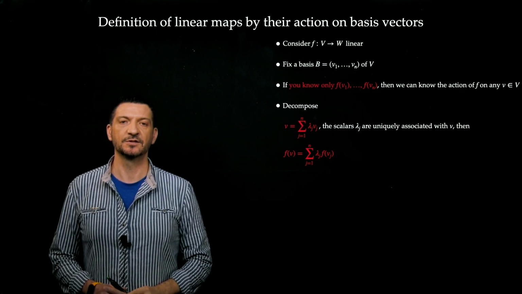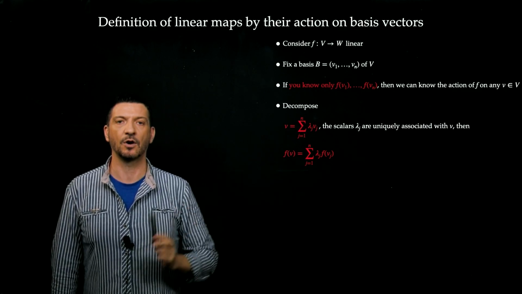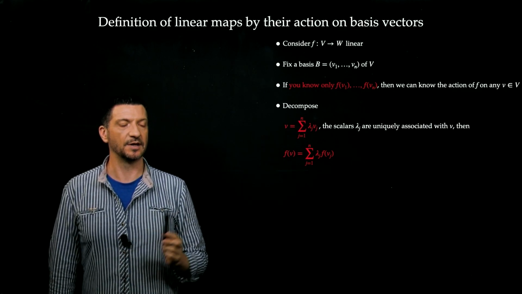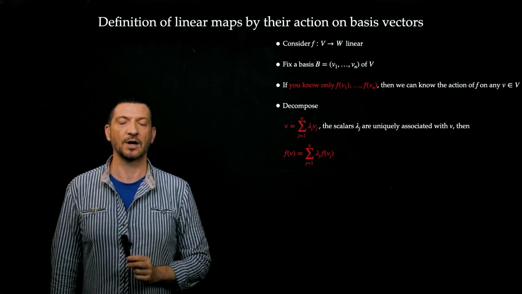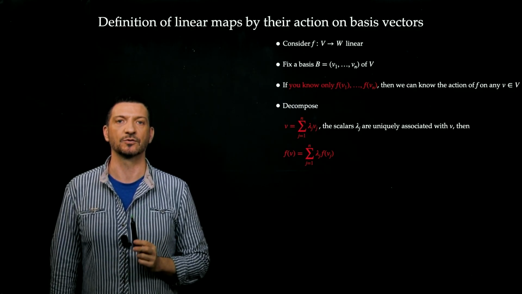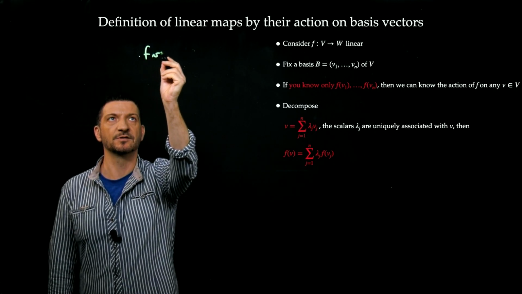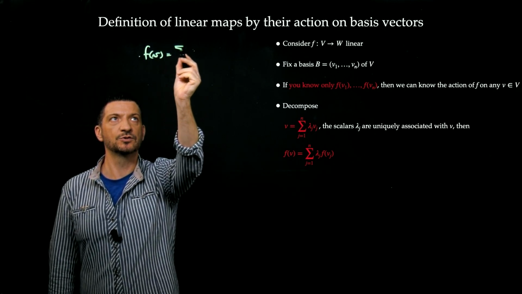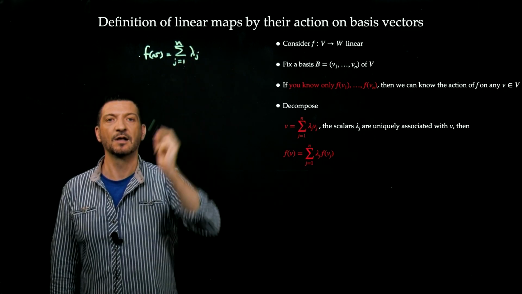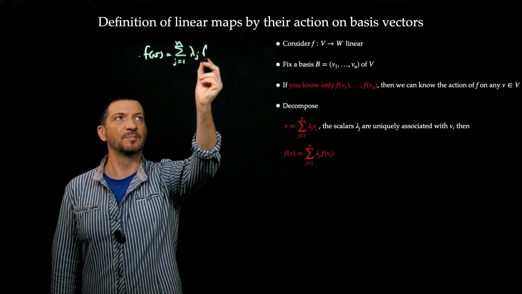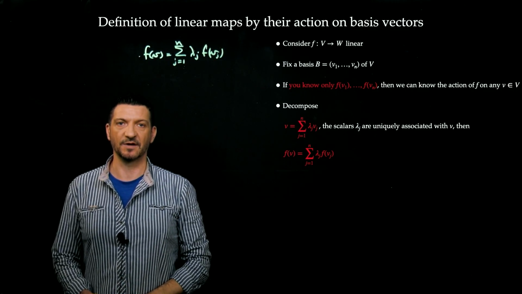For that, the first thing that we have to do is to take any vector v and decompose it on the basis vectors. We know that the coefficients lambda j that will appear in this decomposition are uniquely associated with the vector v. Then, in order to know how f acts on v, we just need to use those coefficients that we have previously determined, lambda j, and then multiply them by f applied over the basis vectors.